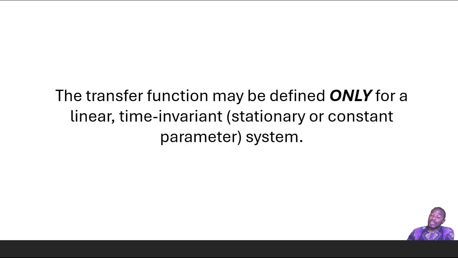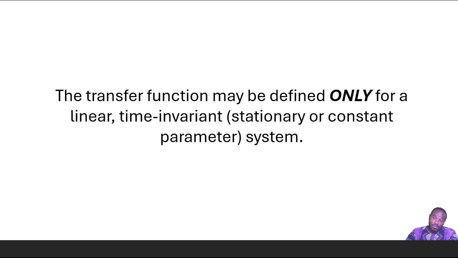Okay, and we define linear systems as systems that fulfill two properties. They possess two properties at the same time. They must have those two properties to be linear. If one of those properties is absent, then the system cannot be linear. Okay, the property of superposition and homogeneity.